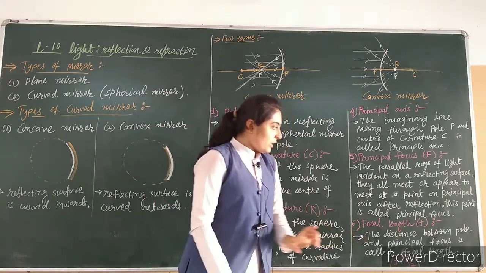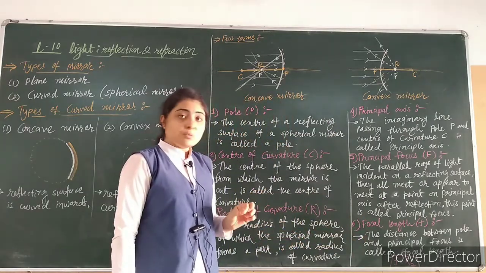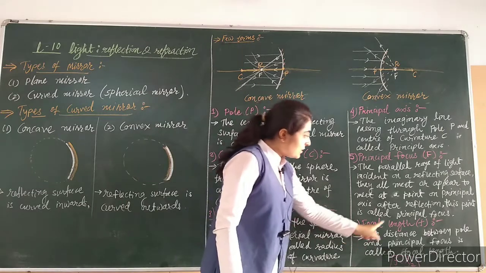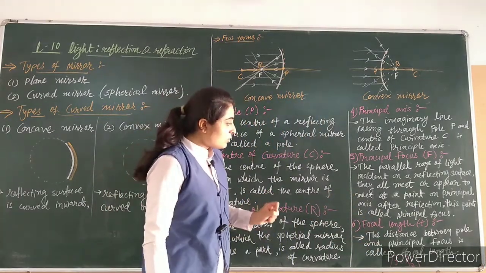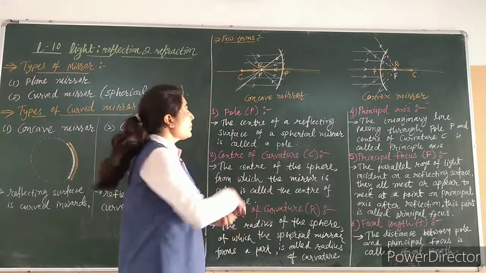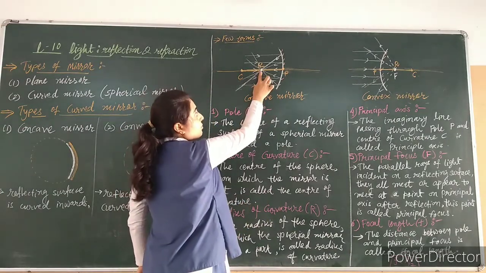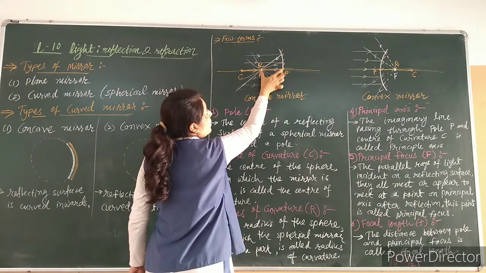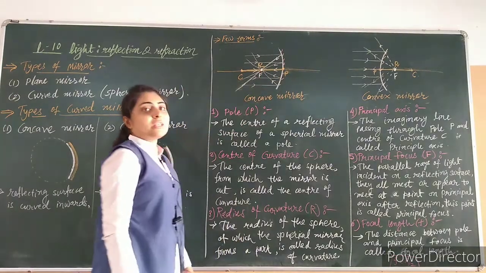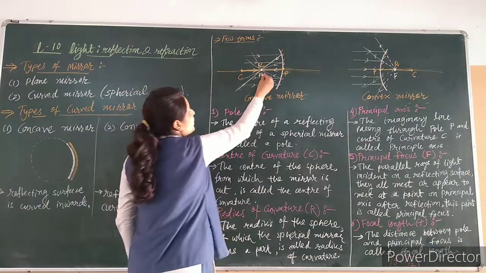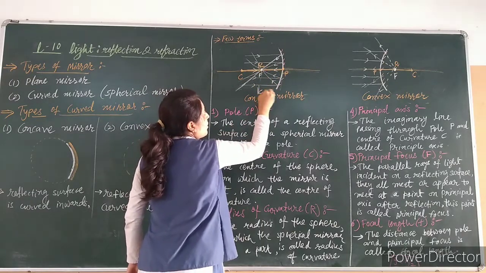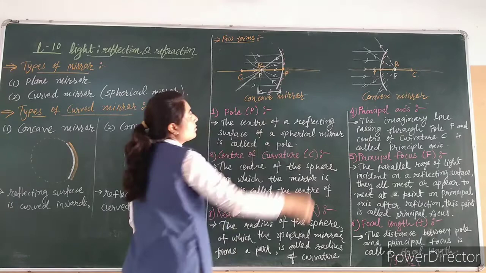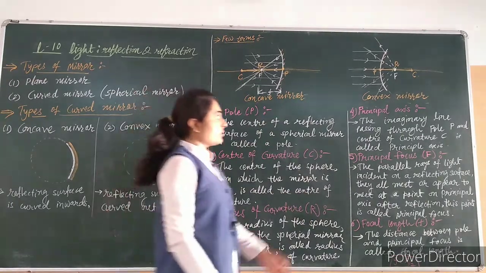Now next, focal length. What is focal length? The distance between pole and principal focus is called focal length. This focal point on the principal axis and the pole, the distance between these two is known as focal length. So this distance is called the focal length.